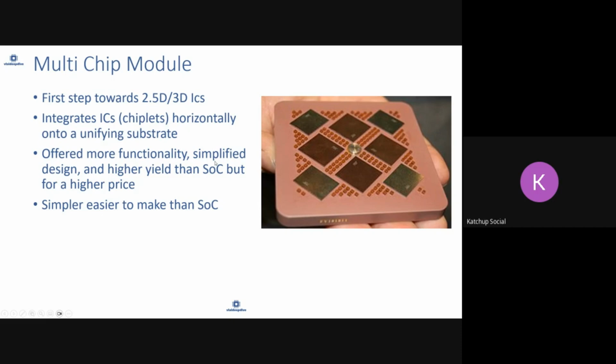It offered more functionality, simplified design, and higher yield, but it was more highly priced at that time than SoC. But basically it was simpler and easier to make than an SoC. This technology, where you integrate multiple ICs horizontally on a unifying substrate, was evolving, but it gained prominence in recent years.